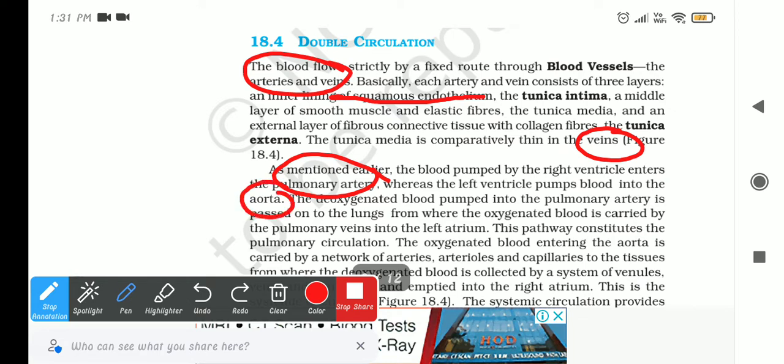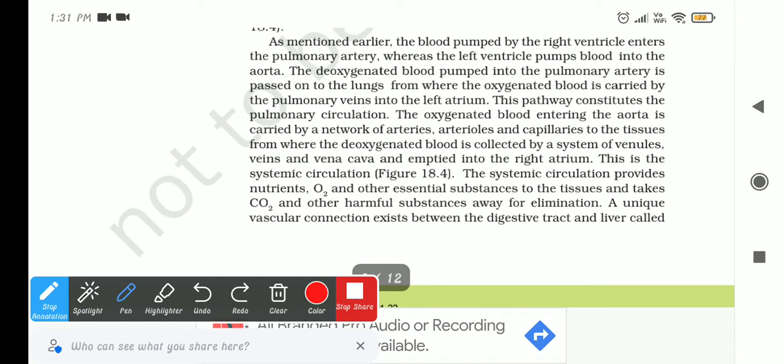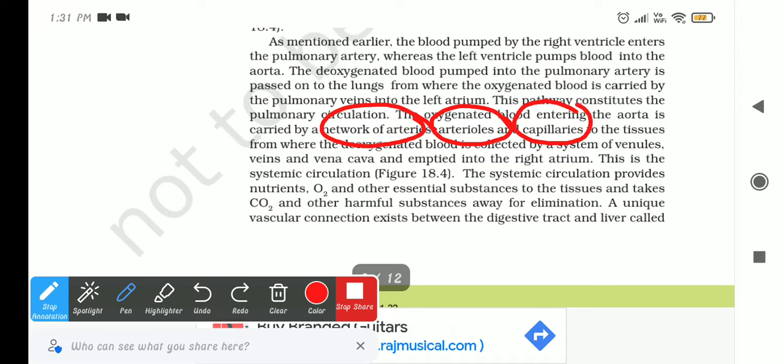The deoxygenated blood pumped into the pulmonary artery passes to the lungs, from where the oxygenated blood is carried out by the pulmonary veins to the left atrium. This pathway is the pulmonary circulation. The oxygenated blood entering the aorta is carried by a network of arteries, arterioles, and capillaries to the tissues, where the deoxygenated blood is collected by a system of venules, veins, and the vena cava, and emptied into the right atrium.